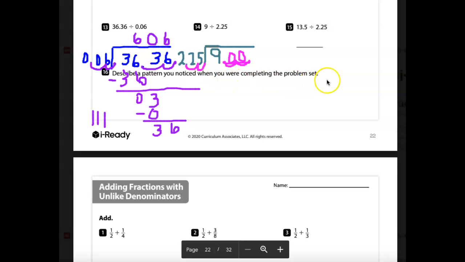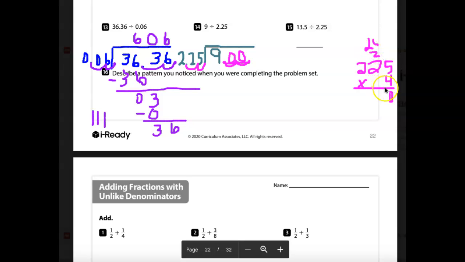So this is just going to be a guess and check. 225. Okay, let's try 4. So 4 times 5 is 20.